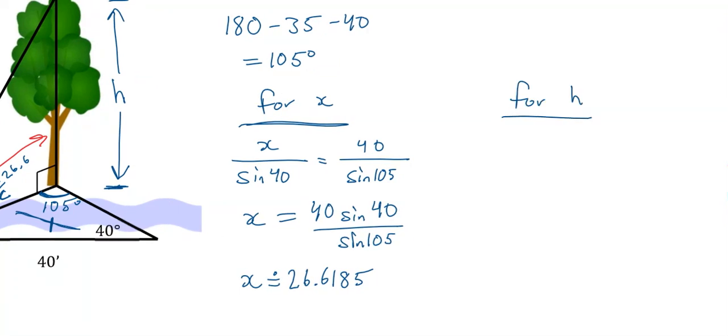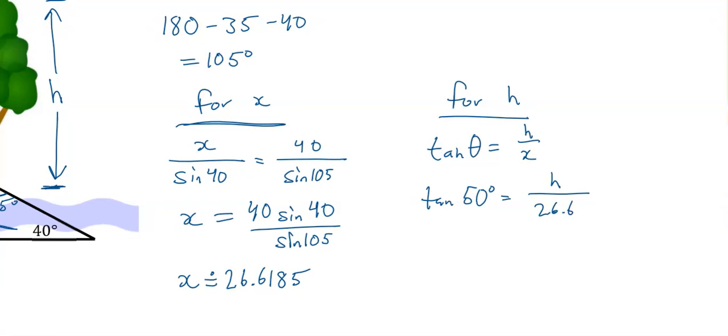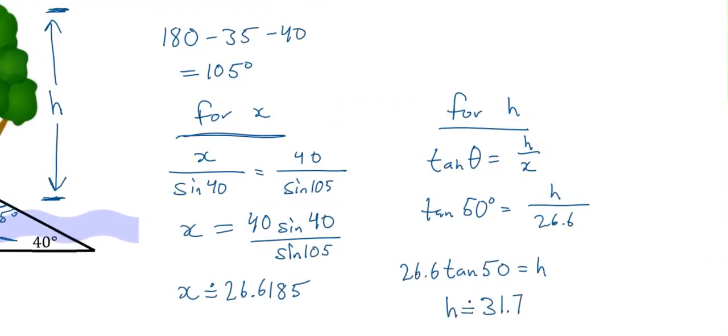So for H, I've got tan of theta is equal to H over X, which means tan of 50 degrees equals H, what we're trying to find, over X, which is 26.6, which I still have on my calculator. 26.6 tan 50 equals H. So H equals, I've got it on my calculator, I just go times tan 50. 31.7 rounded to one decimal place.